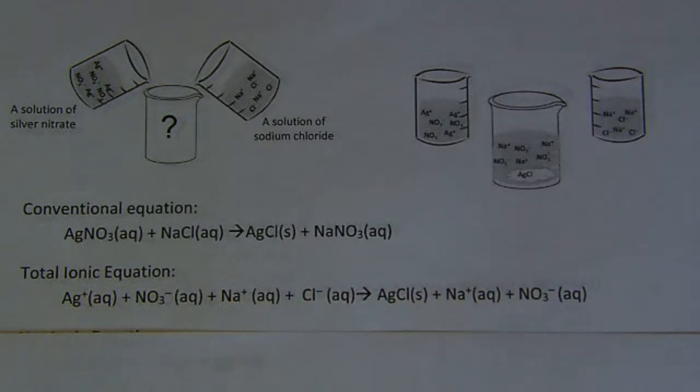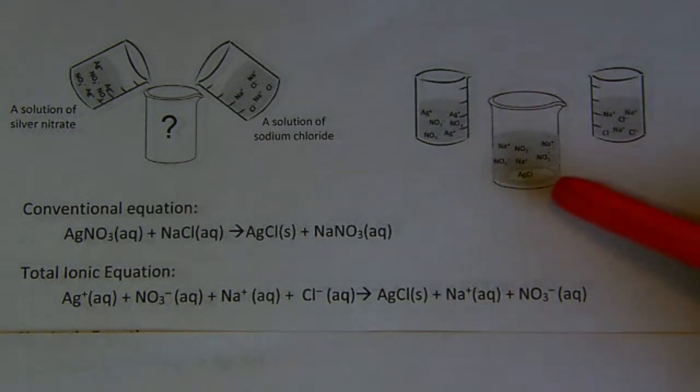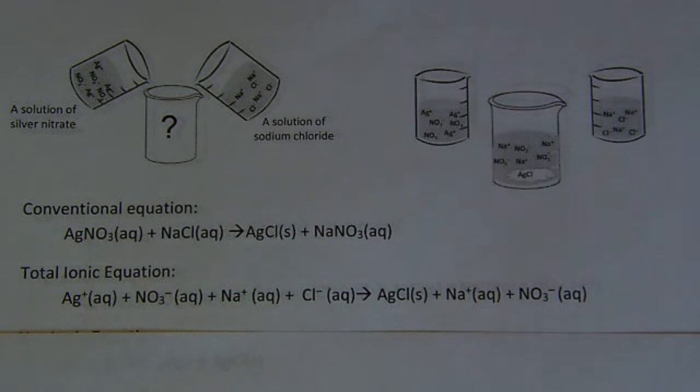If we wanted to focus in on just the things that are involved in making this fluffy white solid, let's ignore the things that don't change over the course of the reaction, the things that remain unchanged on either side of that arrow.